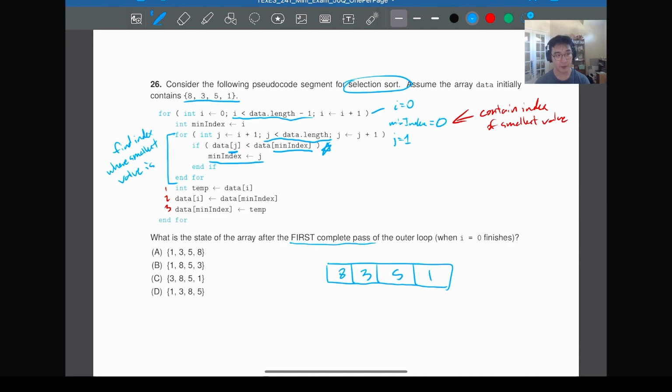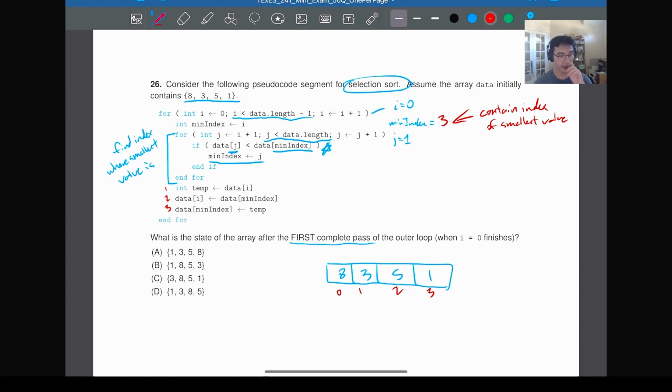So after my inner for loop runs, what should min index hold? Well, ask yourself, what is the index of the smallest value? One is the smallest value, right? So the index should be 3. So this should store 3 by the end.